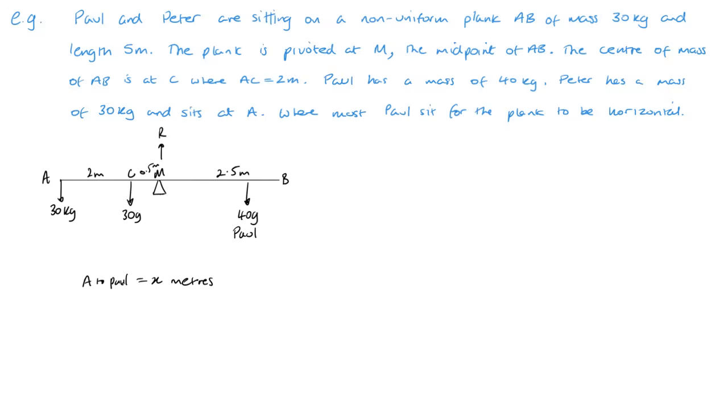That's what we're going to deal with. Now, we need to take moments. The easiest place to take them in this case would be M, because if we take moments about M, then we don't have to worry about the normal reaction R. We don't have to find that first.